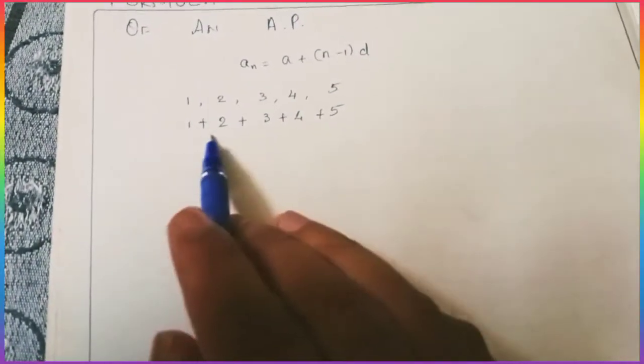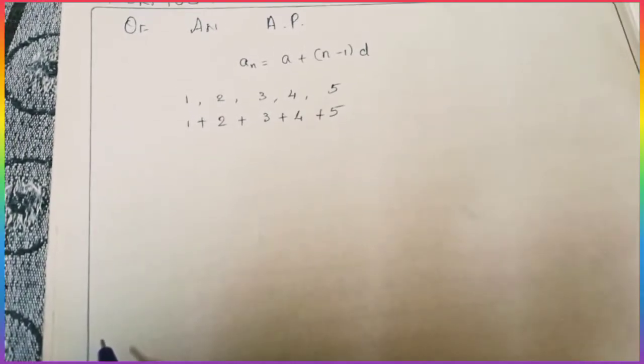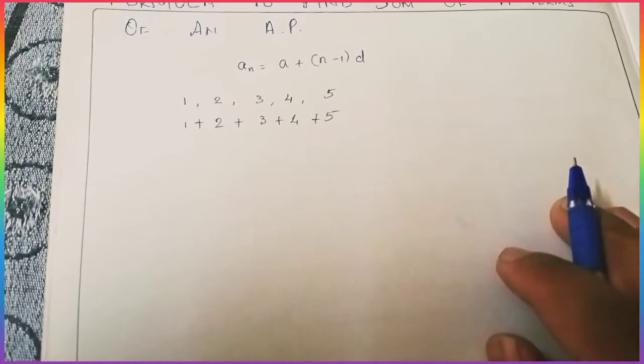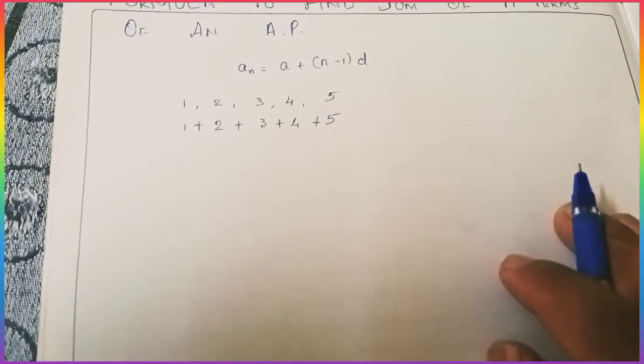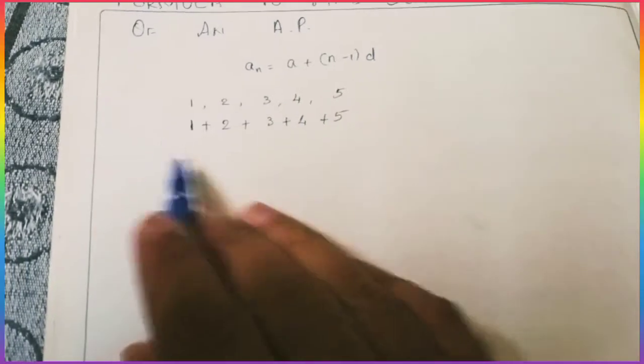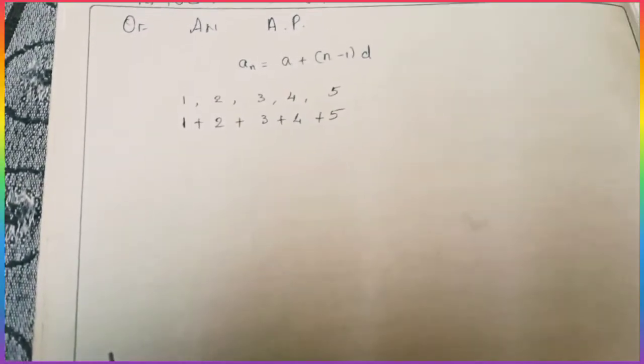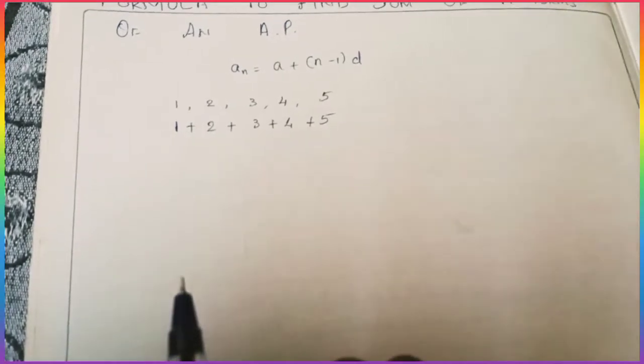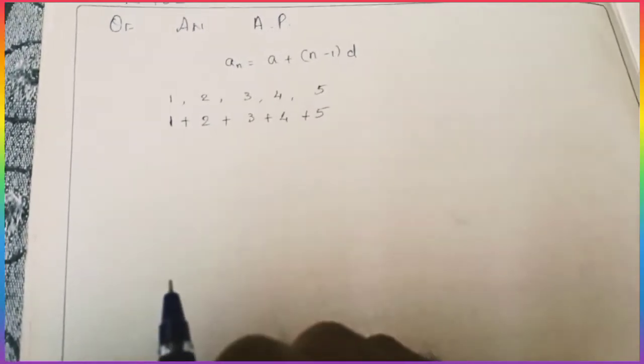Find the sum of the first 5 terms, find the sum of the first 100 terms. Which formula is used for that? When we get a sum, we think it is going to take a lot of time to solve. Obviously not. So we'll take a simple example to understand the formula.